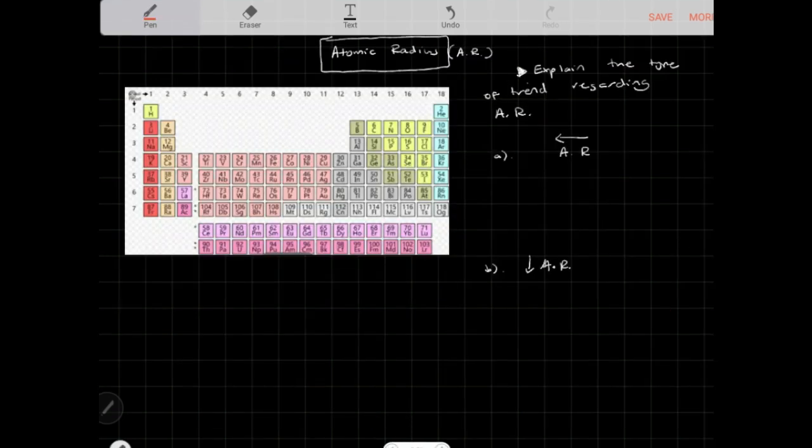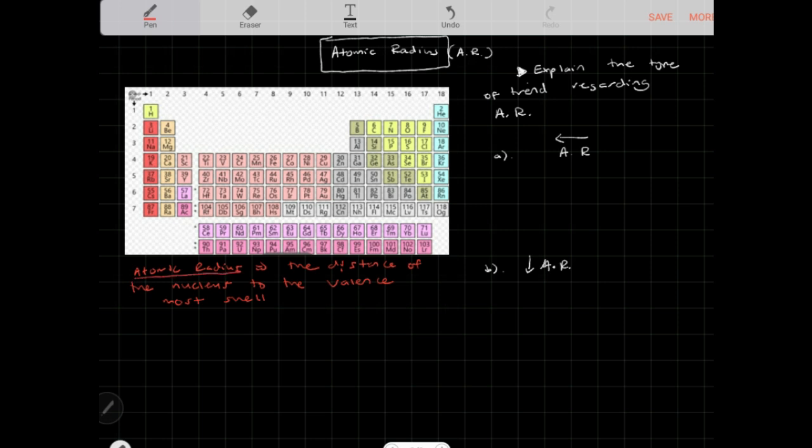Alright, let's take a look at atomic radius. Atomic radius represents the distance of the nucleus to the valence-most shell. This is the formal definition of atomic radius.